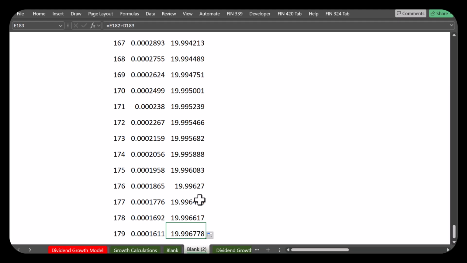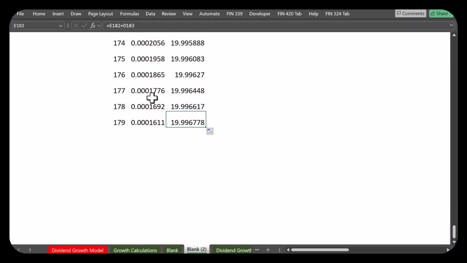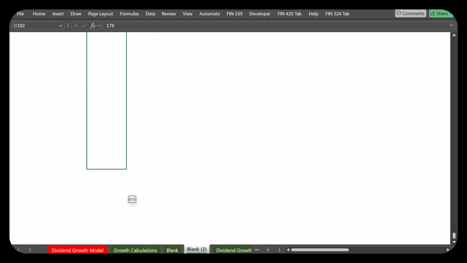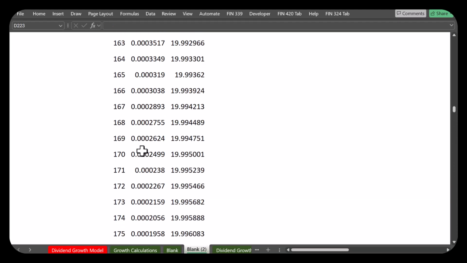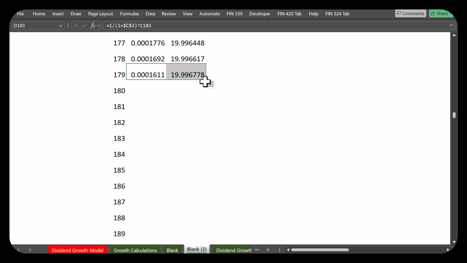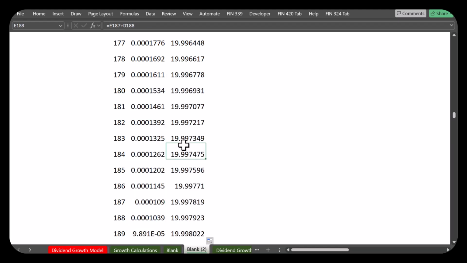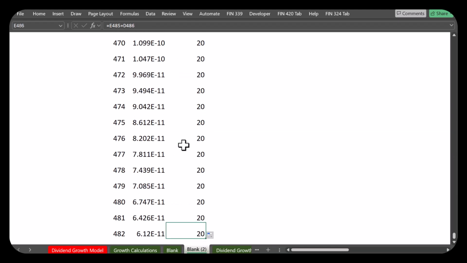If I increase that number a little bit more, let me go down a bit more. In fact, as far as the computer is concerned, there is no difference from 20.